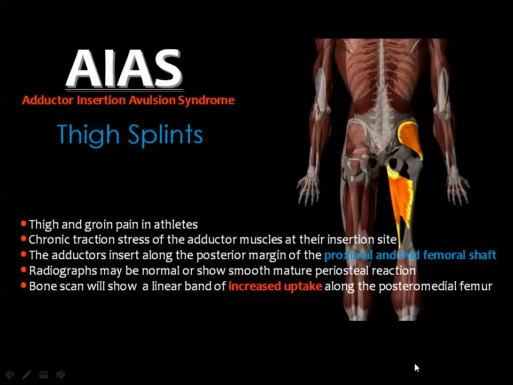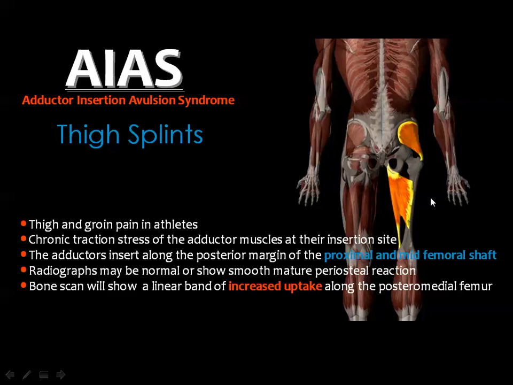Then we came to the second issue, which is known as adductor insertion avulsion syndrome. The adductor muscles insert in the medial aspect of the middle third of the femoral shaft.